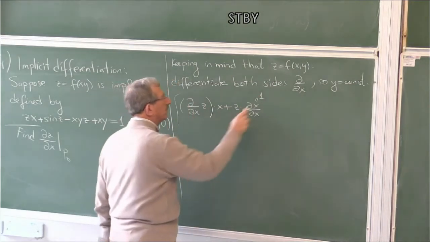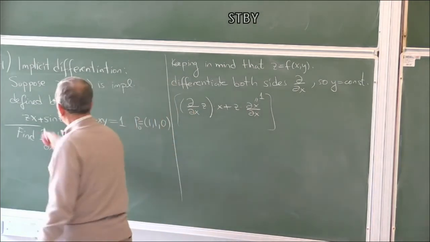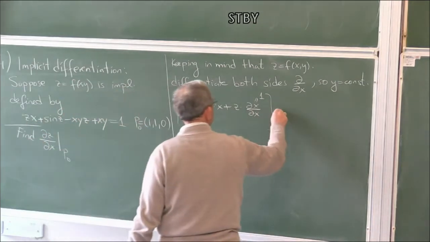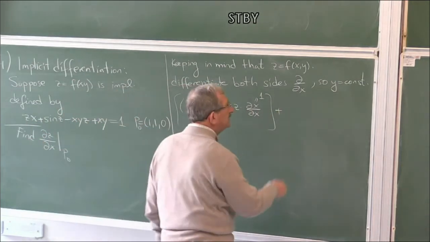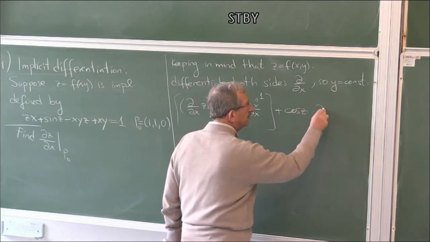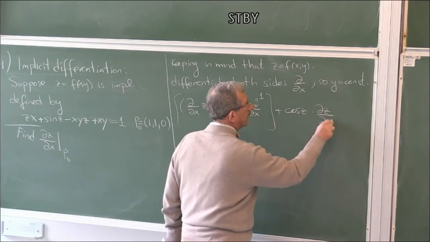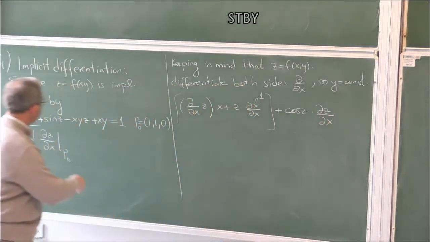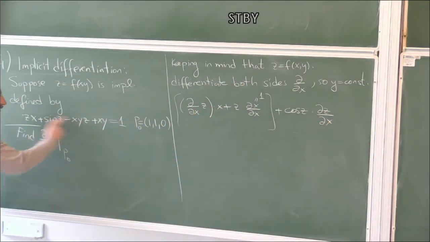This is the product derivative of the first term, plus derivative of sine z, which would be cosine z, times derivative of z with respect to x again, minus xyz.